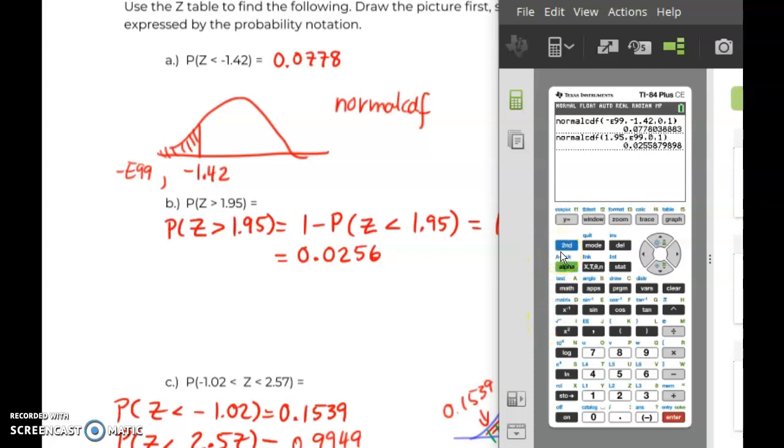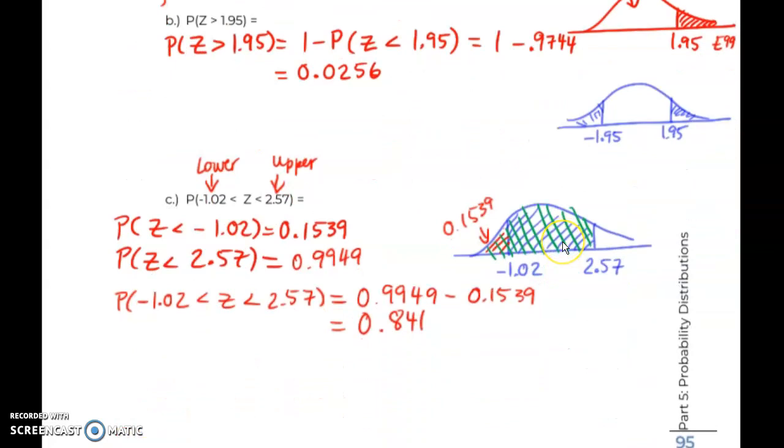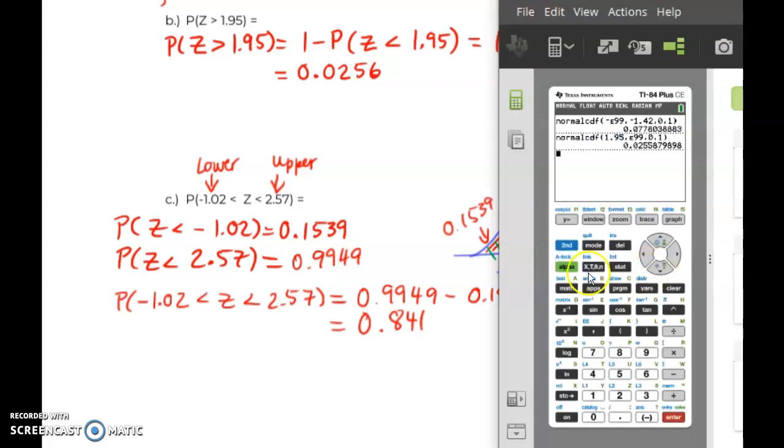And then the last scenario, which is actually the easiest one over here on the calculator, this is where I already have a lower and an upper value given, because over here, this would be my lower bound, this would be my upper bound, and we're already looking for the area in between two values. So this makes it even simpler to use our calculator.